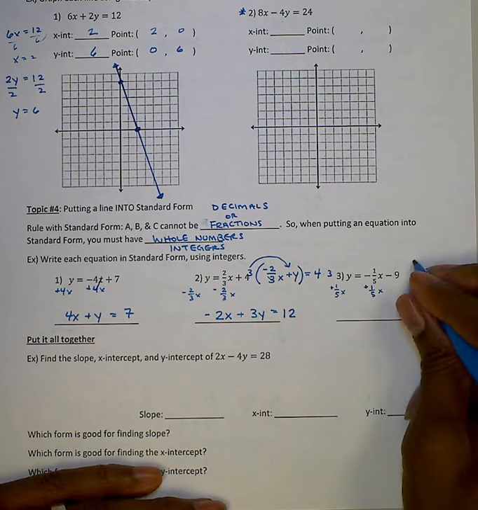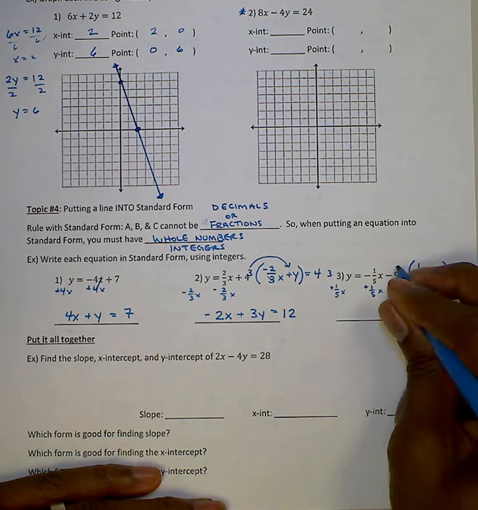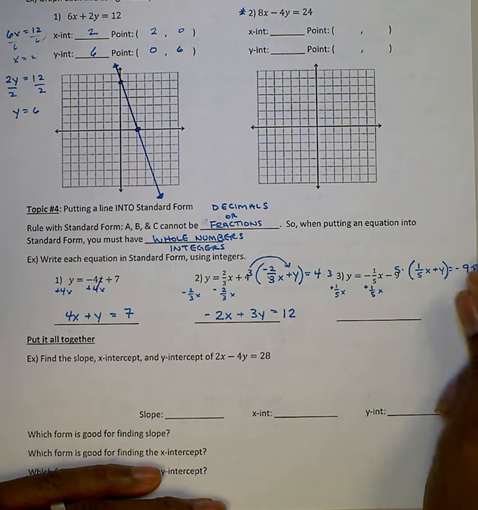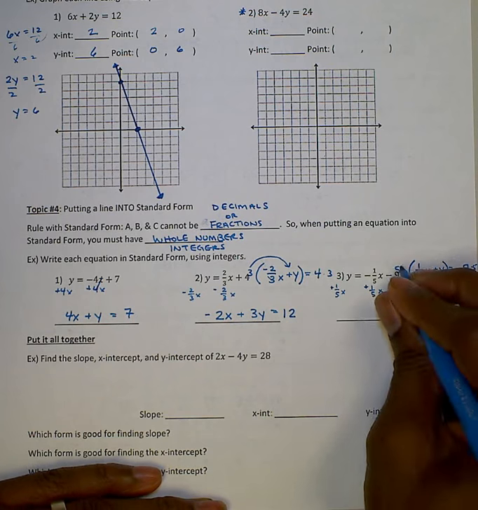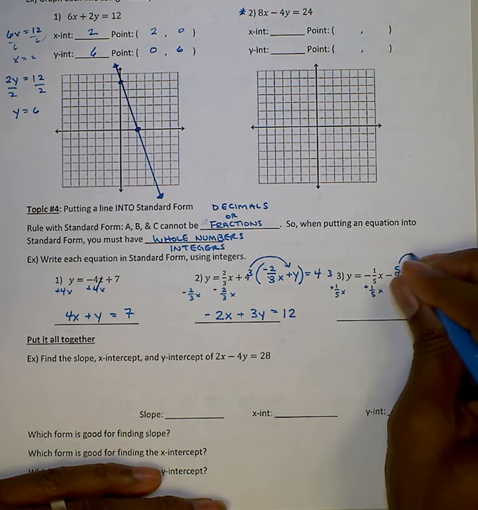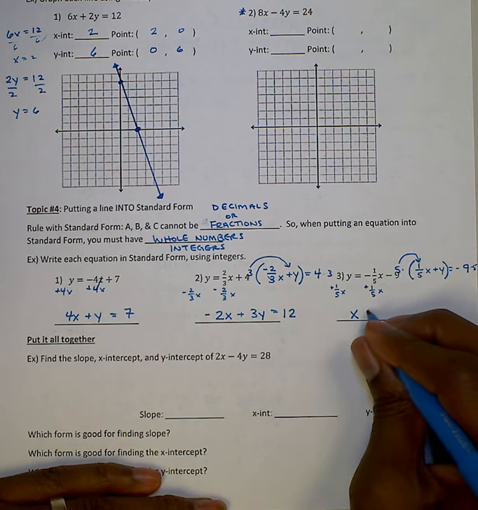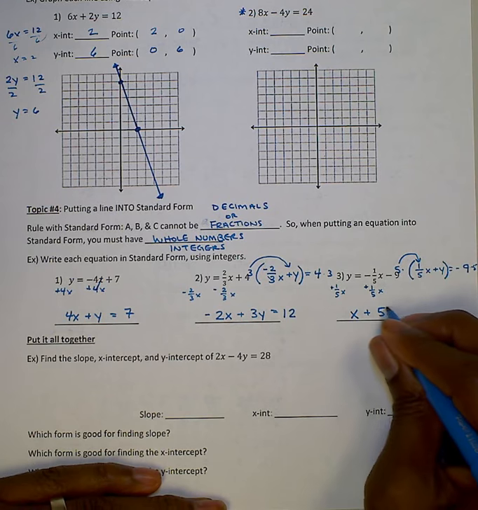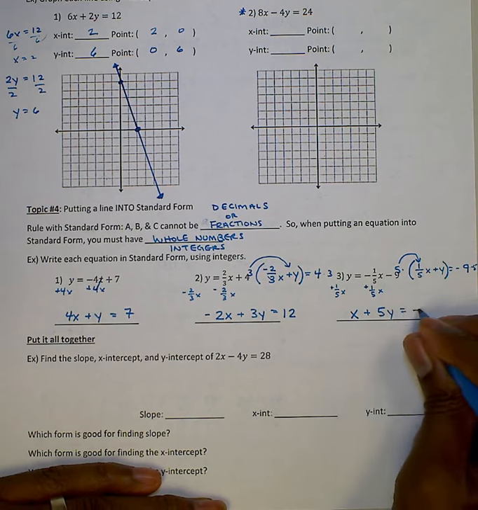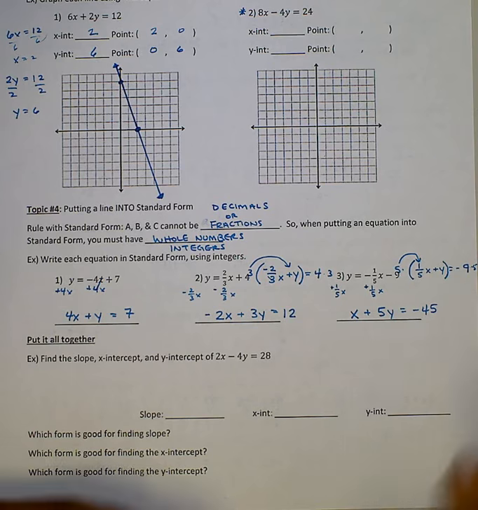I'm going to multiply both sides by the denominator here, times 5. And so I have just 1x, or x, plus 5y equals negative 45. And so you see we've changed that to standard form and made sure that we didn't have fractions or decimals there.